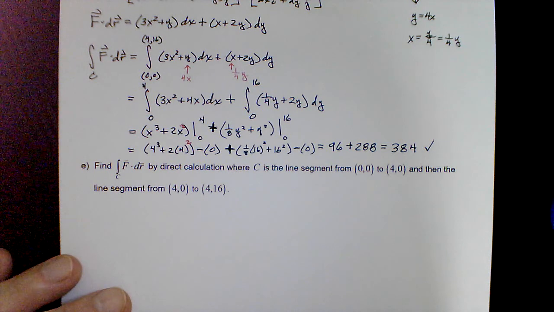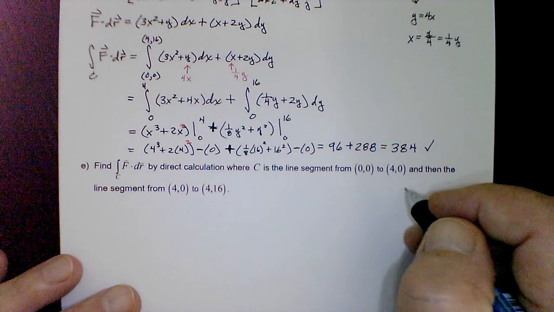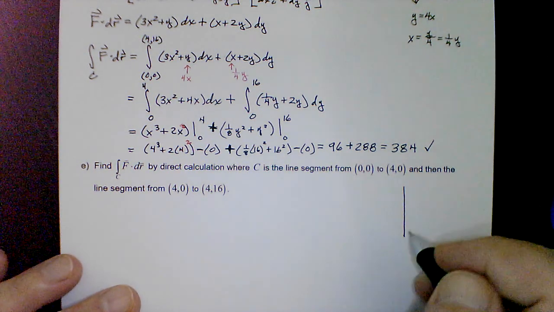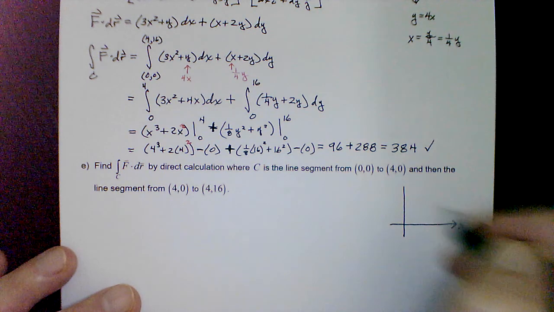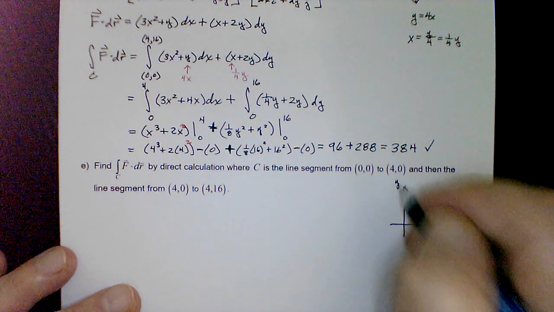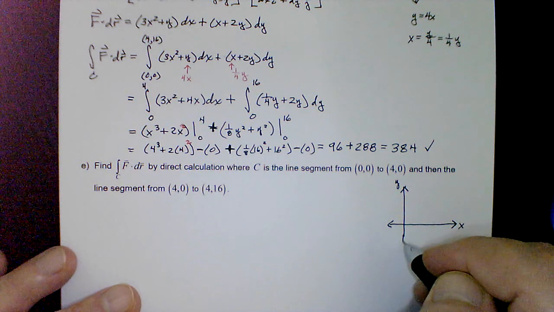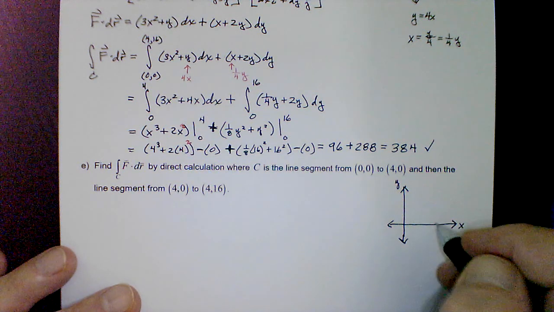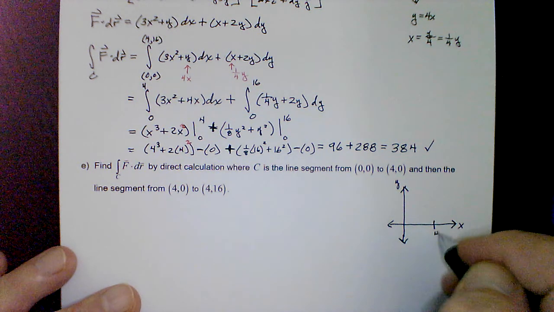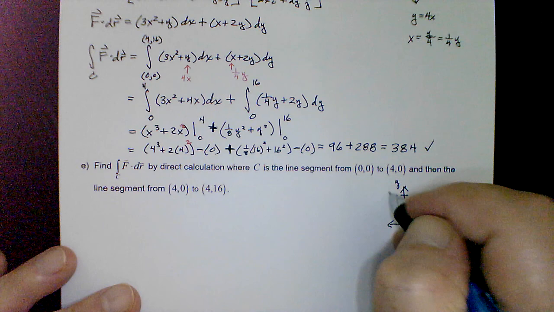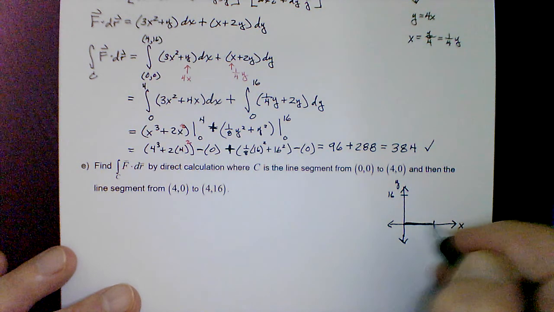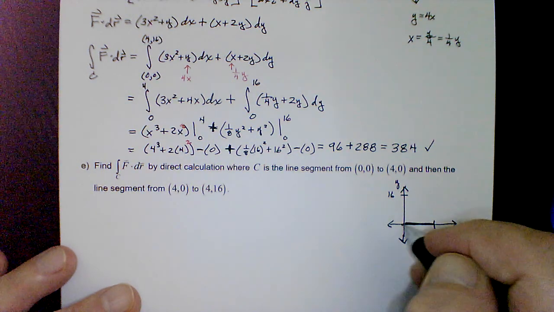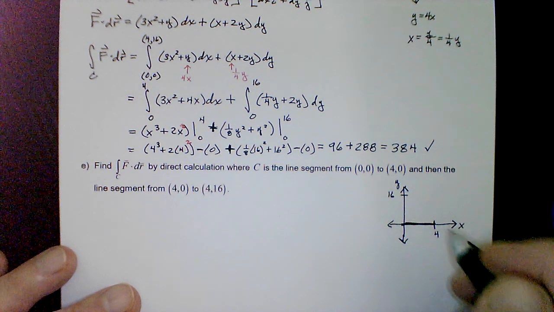And so what we're going to do is take a path, instead of directly from start to finish, like we did in part D. Okay, we're going to take a path from (0, 0) to (4, 0).